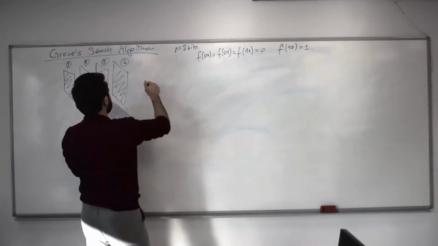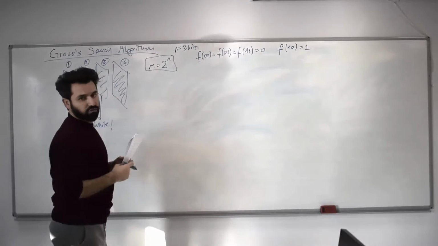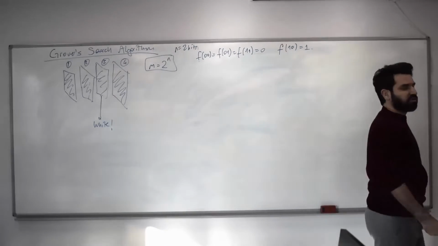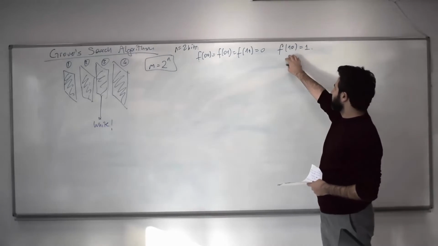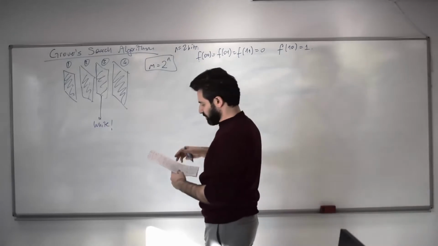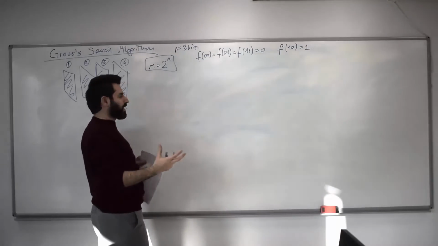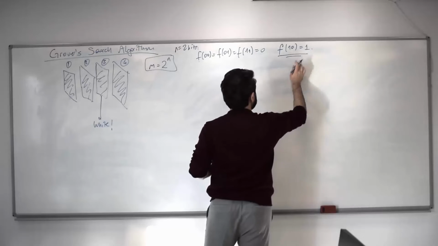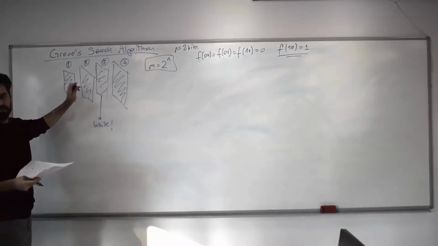M is, by the way, the number of cards. The analogy is m equals 2 to the n, of course. And this is just an example function that we're trying to figure out the input from, which gives us the output 1 for that particular input. The rest of the inputs are going to be zeros. So the question: how many function evaluations do we need before we find this? This is the exact same question that I just described in terms of cards.